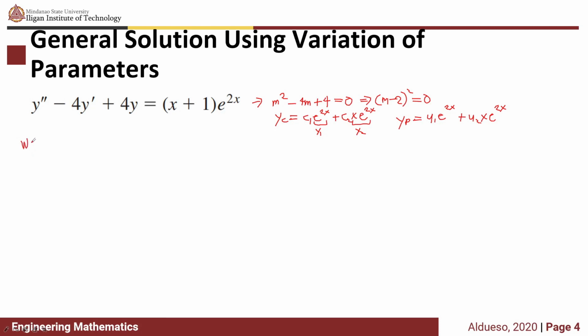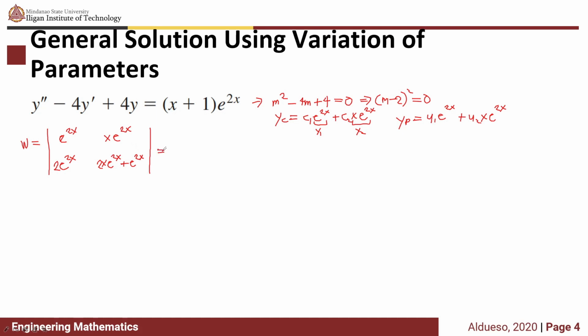So our w is equivalent to the determinant with y1 e to the 2x and y2 x e to the 2x. Now for the second row, we need the first derivatives of y1 and y2. The first derivative of y1 is 2e to the 2x. For y2, using the product rule, we have 2x e to the 2x plus e to the 2x.